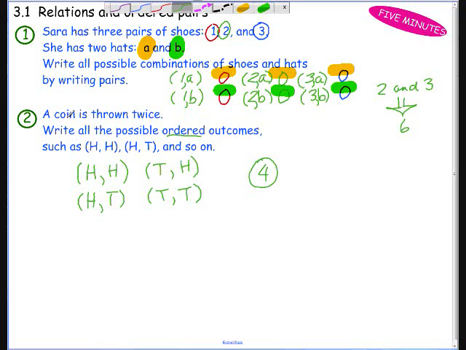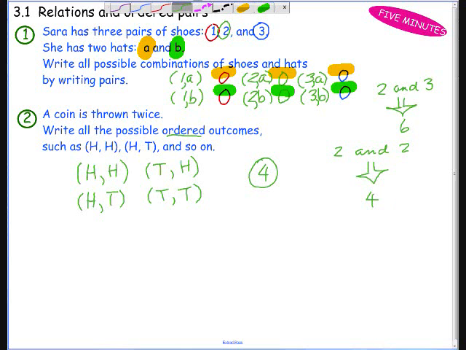When we had a coin thrown twice and it had 2 possible outcomes, 2 and 2, that yielded how many outcomes altogether?